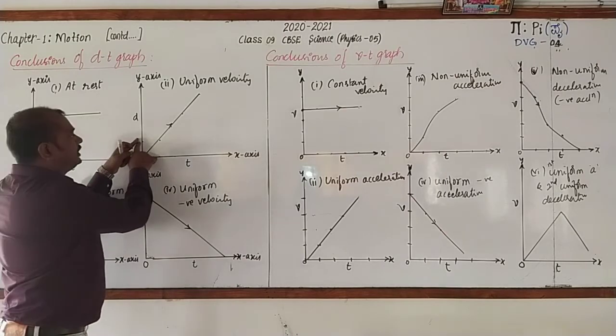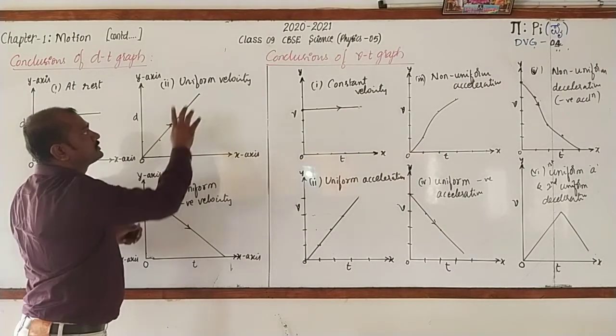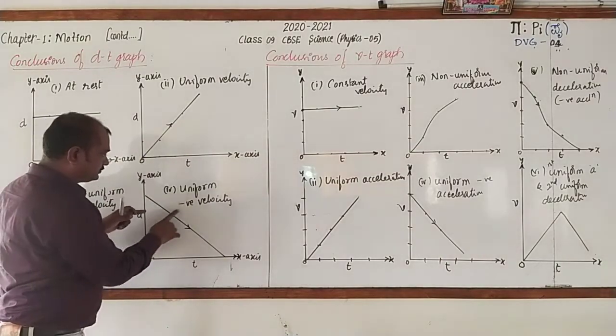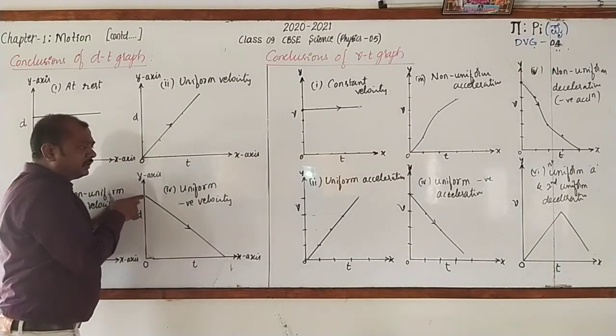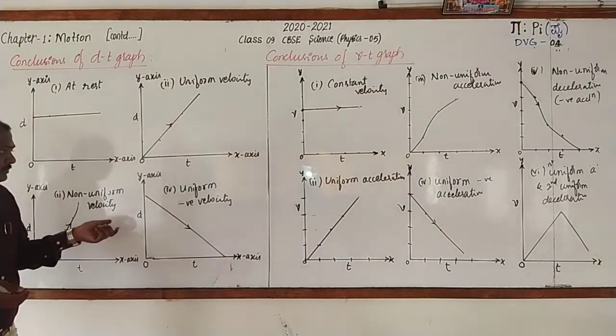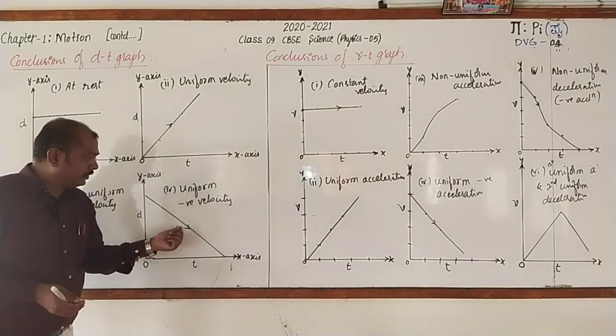Next, if a body is covering equal distances in equal intervals of time, then you can say that it is uniform velocity.